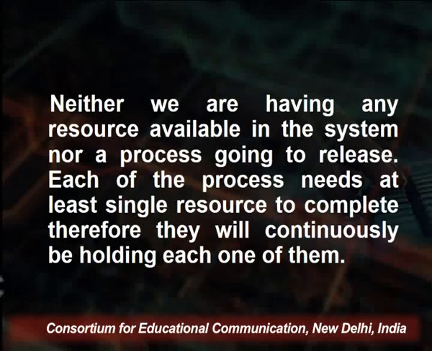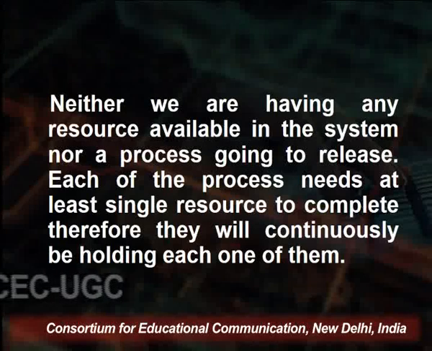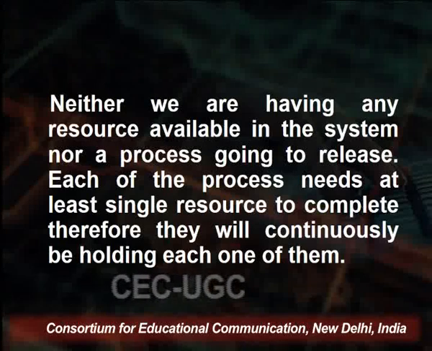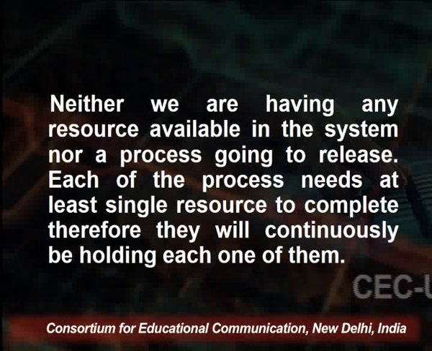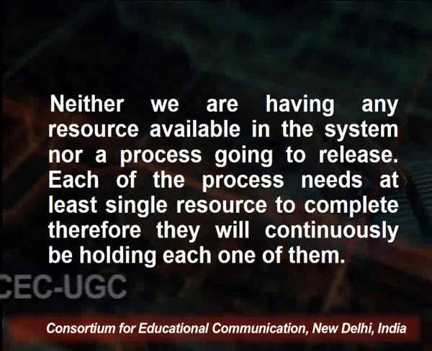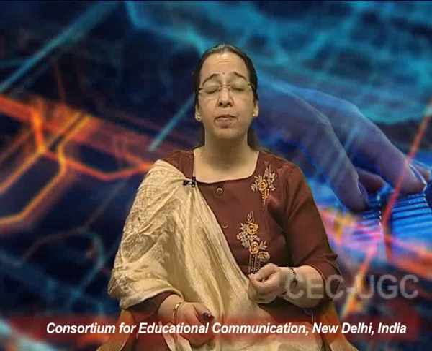That means we don't have any resources available in the system, and processes are also not going to release. This creates a deadlock, because each process needs at least one resource to complete, and they are holding another resource, and we cannot fulfill the demand of at least one process using the available resources.